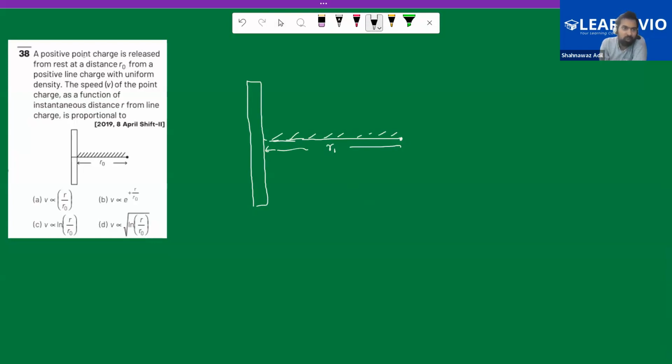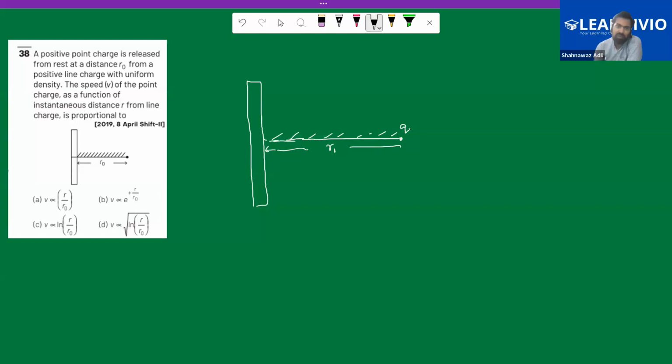You have some point charge, let's say Q. It's released from rest at a distance r naught from a positive line charge with uniform density. The speed v of the point charge as a function of instantaneous distance r from the line charge is proportional to.